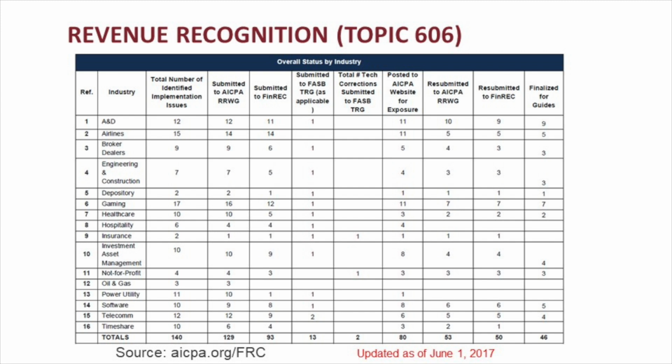So a lot of these have some pretty significant gaps. As you see, engineering and construction, there are 7 issues, 3 are finalized. Healthcare, 10 issues, only 2 are finalized, and some of the other ones as well. You see some pretty significant gaps that they're still working through and finalizing the industry specifics for each one of these and how they will be impacted by this revenue standard.